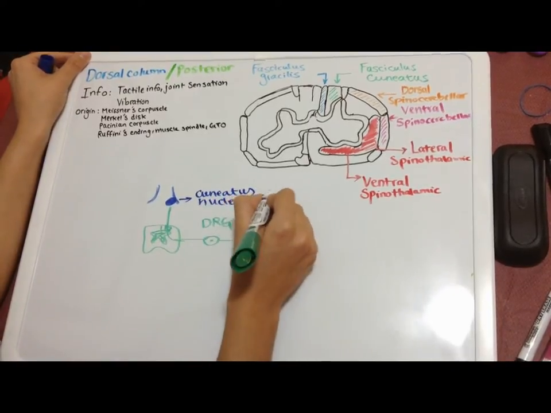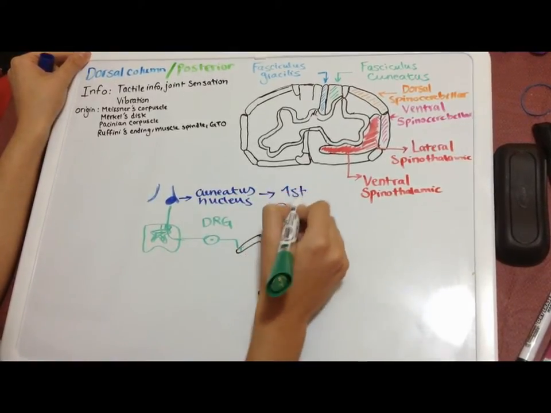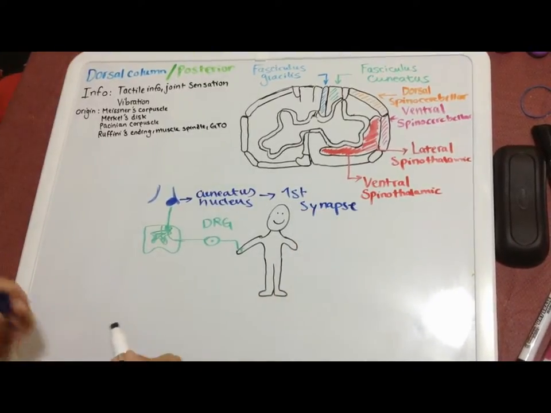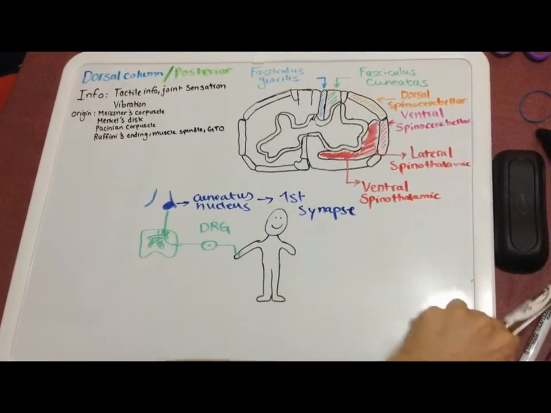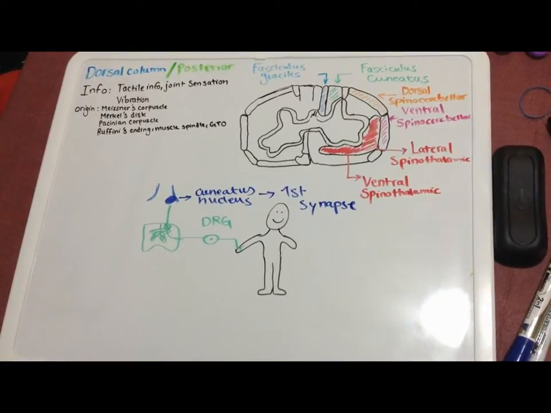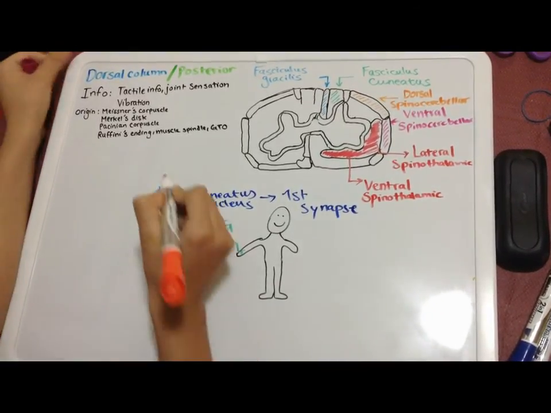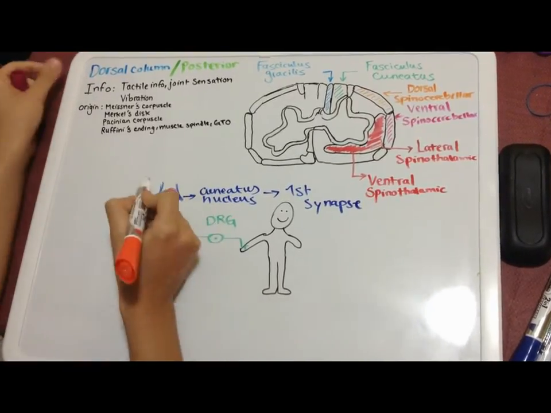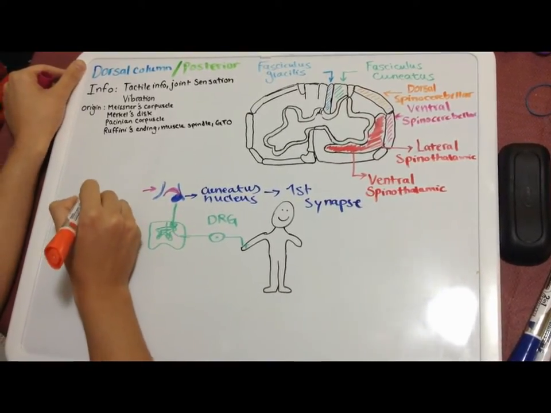So here you have your first synapse. Right after it synapses over here, it's going to cross over, or with a better word, decussate to the other side. So in the medulla, you have your decussation.